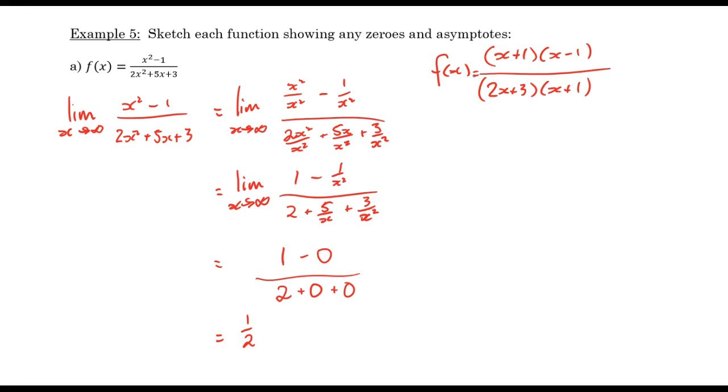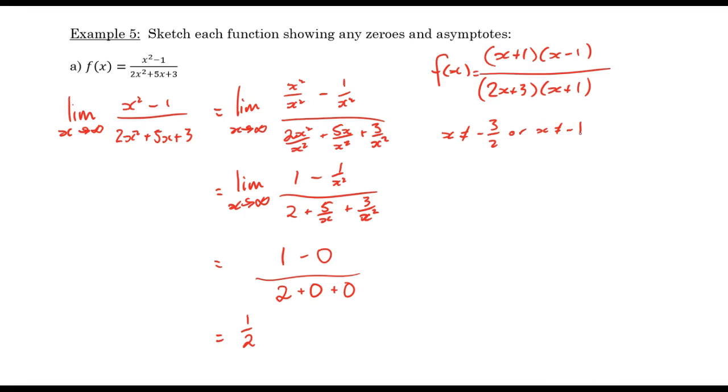Mostly when I'm sketching this, I guess I sort of can. However, my function is undefined when x equals either negative 1.5, negative 3 over 2, or x equals negative 1. So x does not equal negative 3 over 2, and x does not equal negative 1.